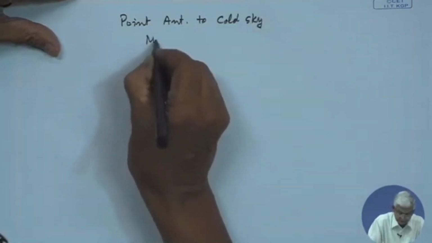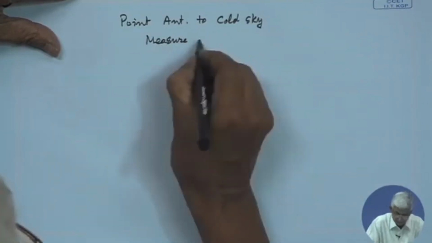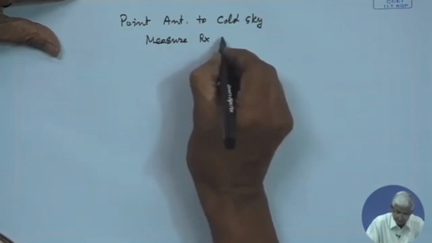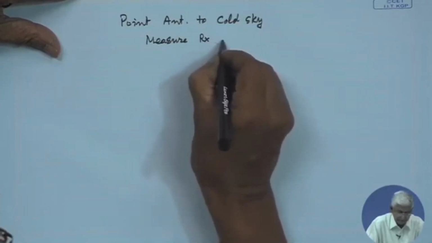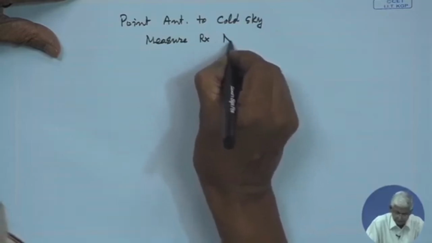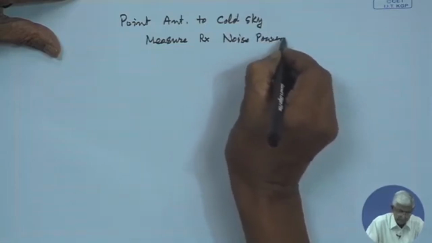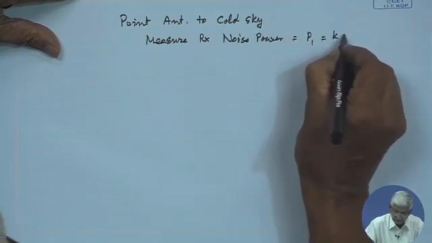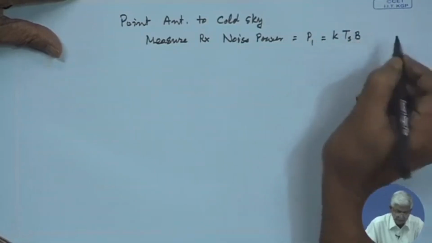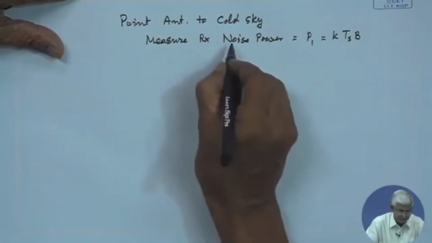Measure through the receive antenna, through the receiver including the antenna, the noise power, P1, let us call it K Ts B. This system noise temperature includes the cold sky noise temperature through the antenna.